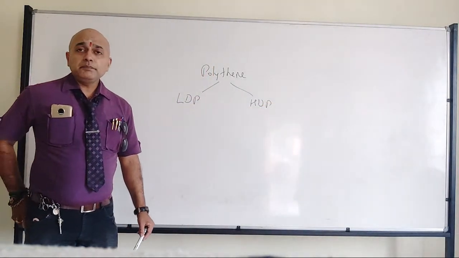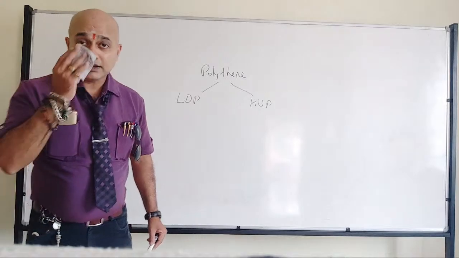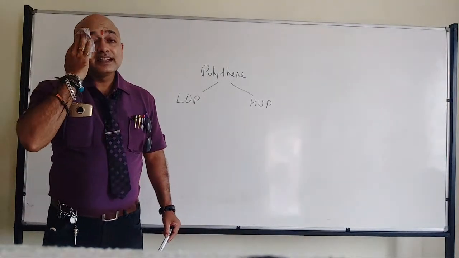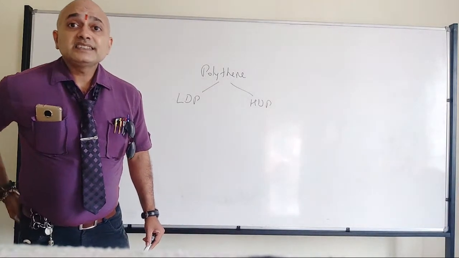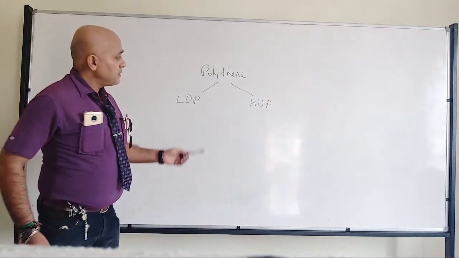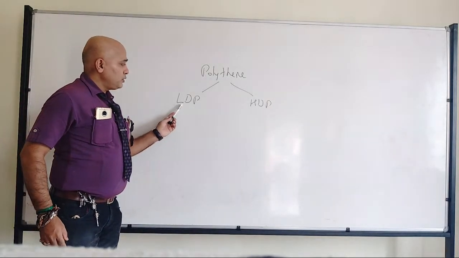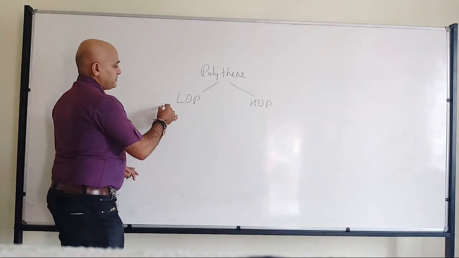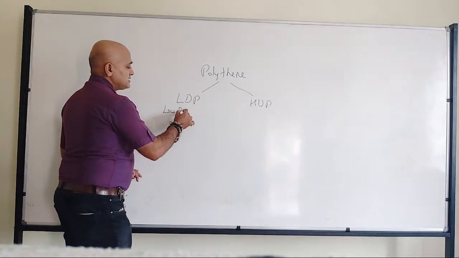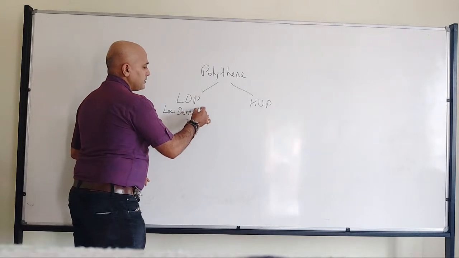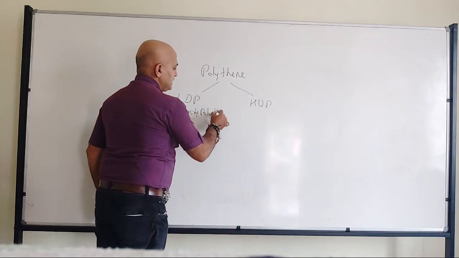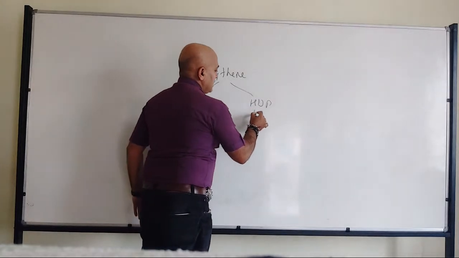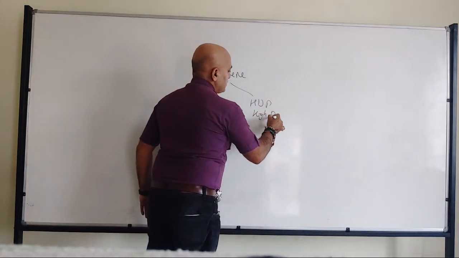What do you mean by DP? Not WhatsApp DP I am talking about. DP means density, and P stands for polythene: low density polythene and high density polythene.